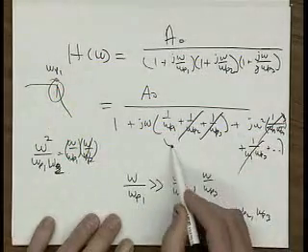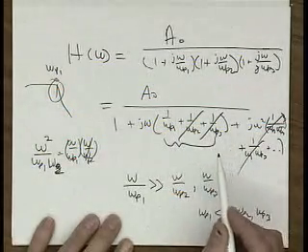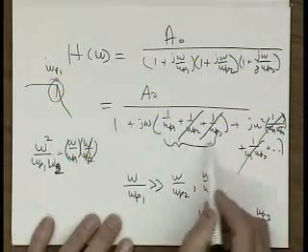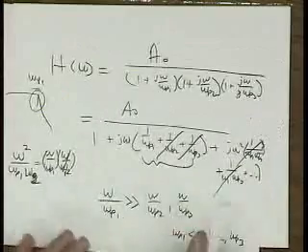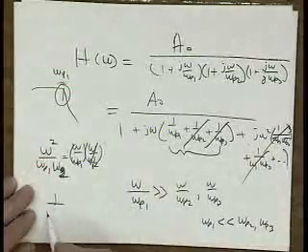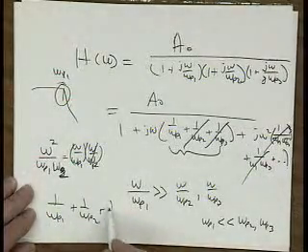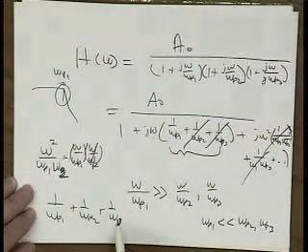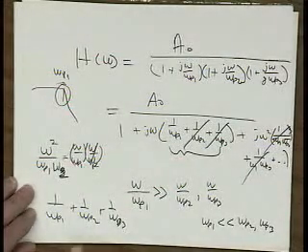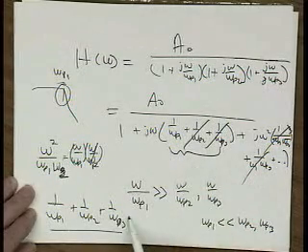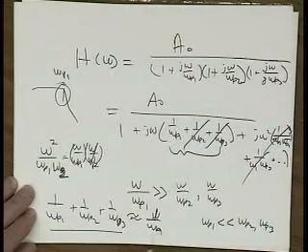But that may be hard to calculate sometimes. We don't know exactly where it is. So what happens if we just sum all the poles together? Take 1 over omega p1 plus 1 over omega p2 plus 1 over omega p3. If the poles are widely separated, this sum will end up being approximately equal to 1 over omega p1.